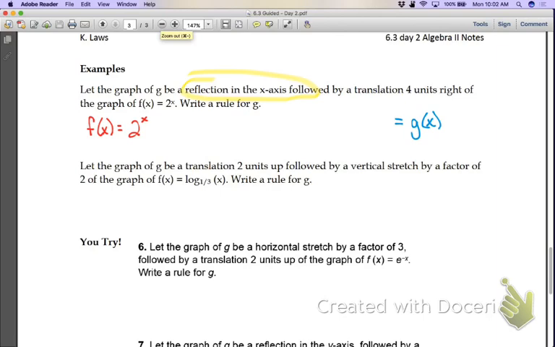Where does anything that's reflected over the x-axis, where does that negative go? On the outside. So then I'm going to change this 2 to the x power, and it's going to be written as negative 2 to the x power. All I did was reflect it over the x-axis.